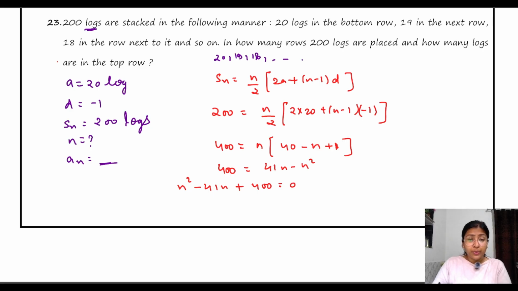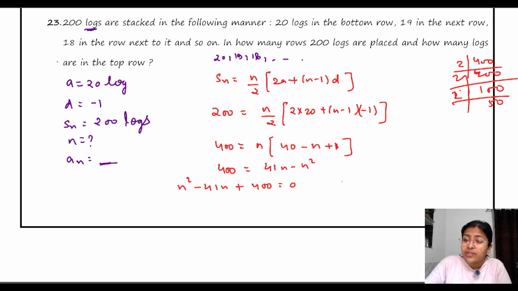Now think of two numbers whose product is 400 and when you add them it should be 41. So we will do the prime factorization of 400. Do the prime factorization. Yes, see this. Again 2 times it will be 25.